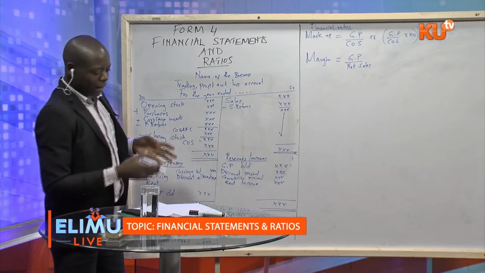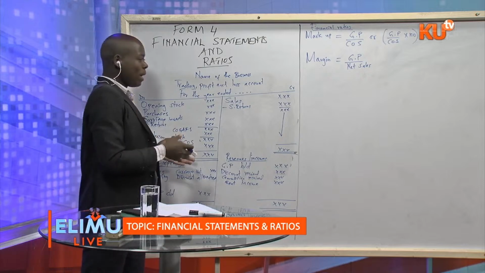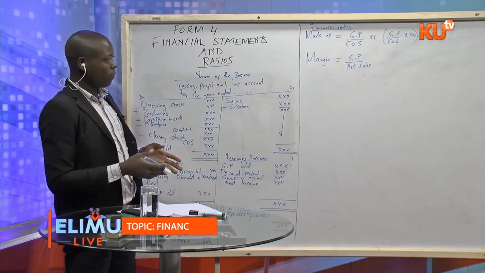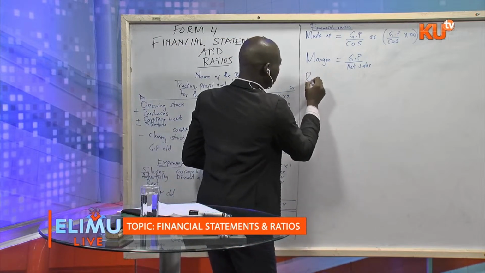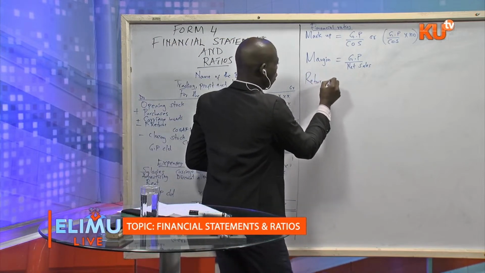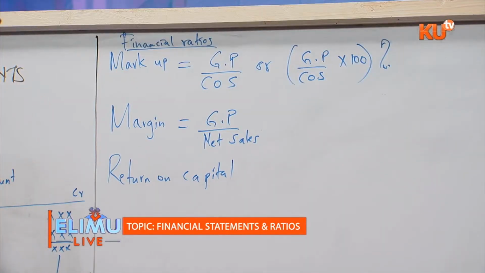Now, remember, the main purpose of the business here is to make profit. And so when we are calculating, we need to remember there's also what we call return on capital. How do we calculate return on capital as a ratio?